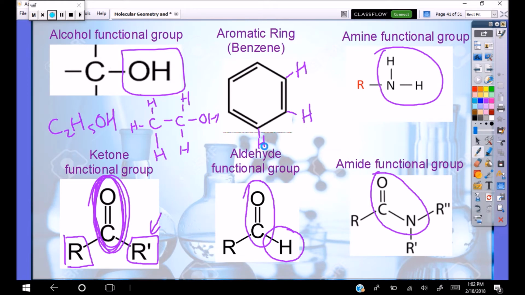So we know that we have 6 hydrogens poking off of here, and that would make it a benzene. Sometimes there are other functional groups sticking off of it, so we can refer to it as an aromatic ring. The name does change when you start tacking on other things, like an OH, which is referred to as a phenyl group or a phenol group. We don't see those as often in this course, though.